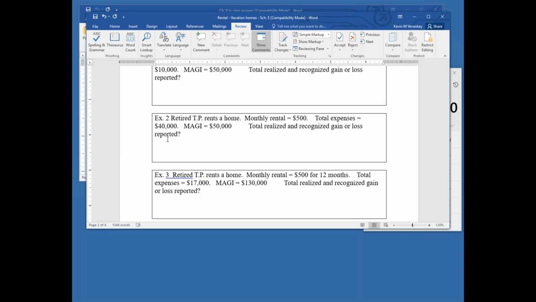So 40,000 may be a bit extreme, but this is just for our example purposes to see how the losses are limited. So go ahead and pause and then see what you get for the realized loss and then what's actually allowed on the return.